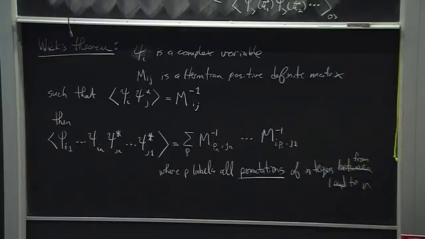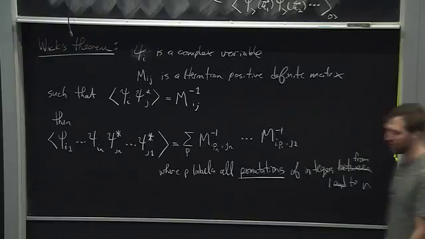So it means all the different ways that you can permute all these integers. So this is Wick's theorem.